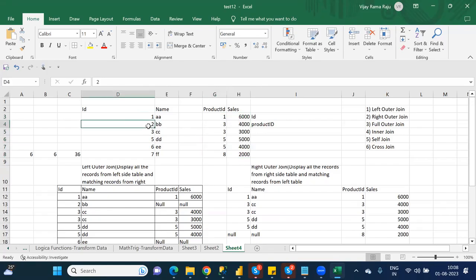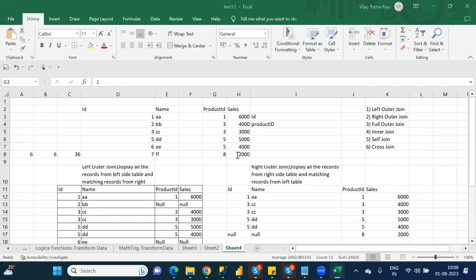Next, 2 is matched with all these rows. And next one is this 3. All the records will be displayed. Like that, 36 rows will be displayed.